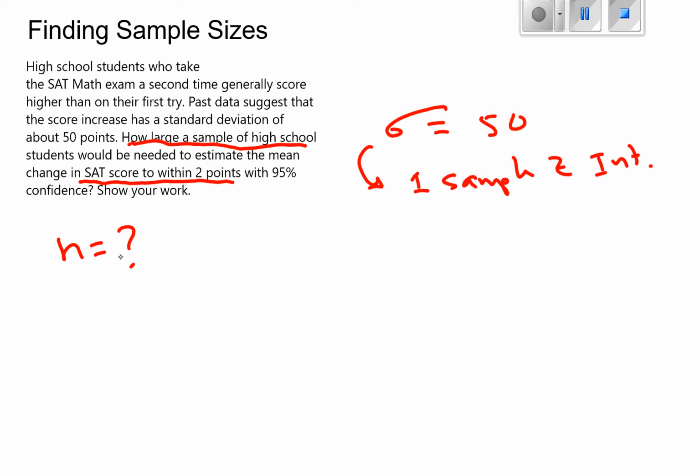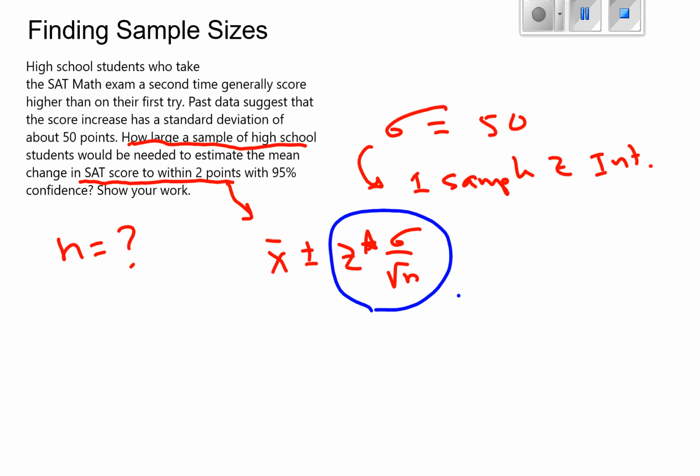Okay. And since we want to be within 2 points, what we're really saying in our confidence interval is that you want this part of it, which I've called before the margin of error, but you should know that that's called the margin of error. I'll just say ME. We want that margin of error to be less than or equal to 2.